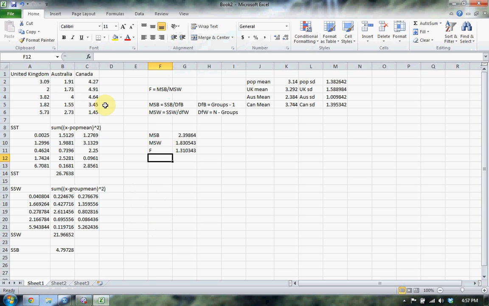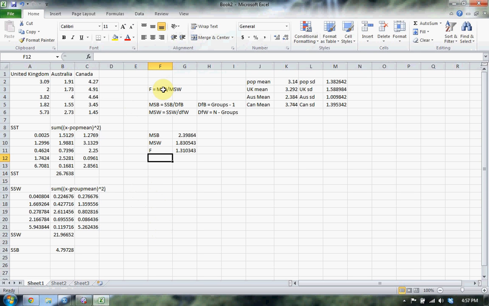So the ANOVA test is calculated by the F statistic. This is calculated by the mean square between groups divided by the mean square within groups. So it deals with a sum of squares a lot.